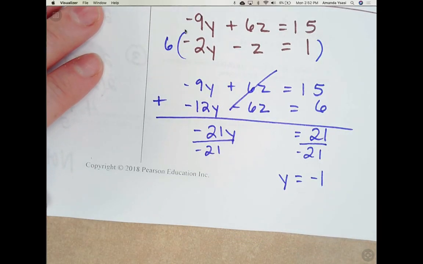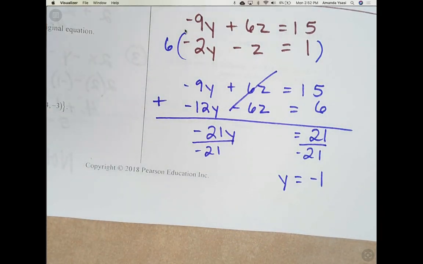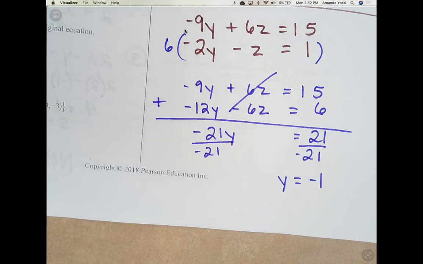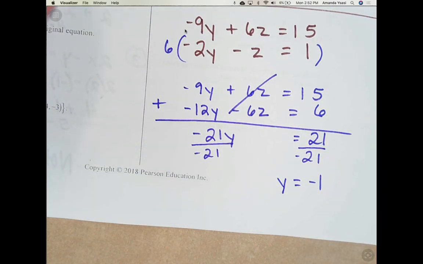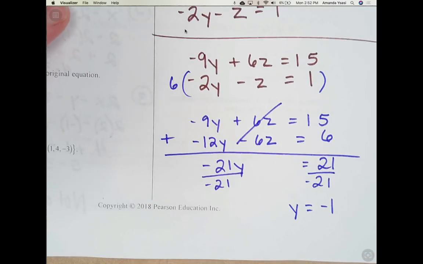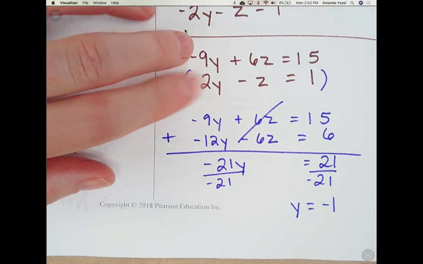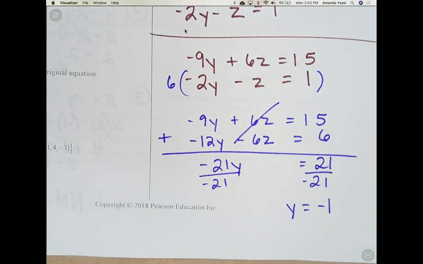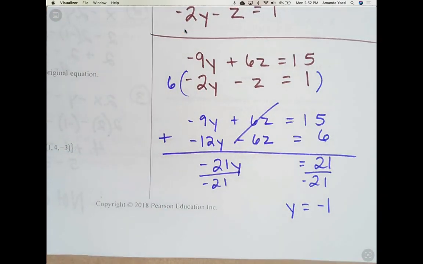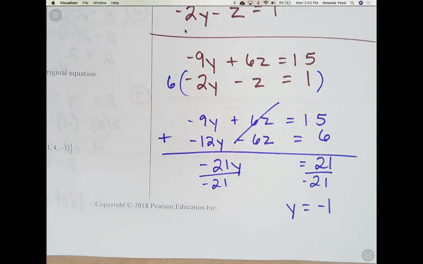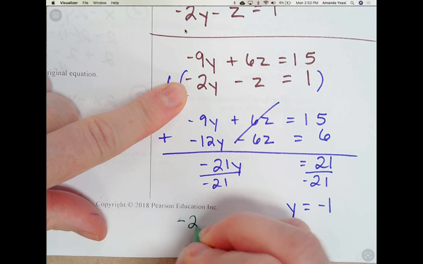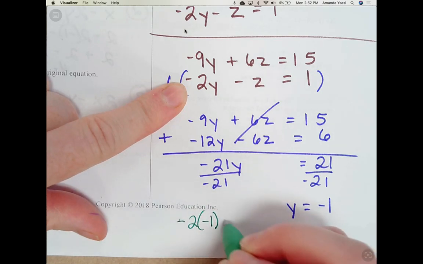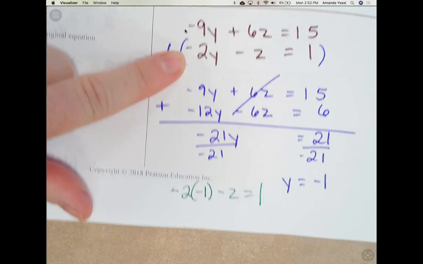Okay, so we have one variable done. Now we need to find x and z. Where could we plug in y so we can get the x or z? We can pick either one of these. Which one would be easier? Yeah, the bottom one. So negative 2 times the negative 1 minus z equals 1.